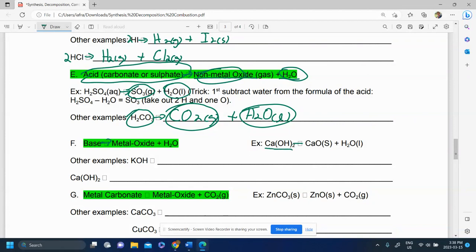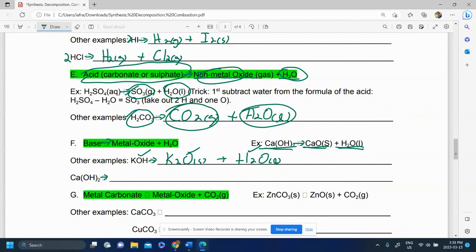So for example, calcium hydroxide breaks down to make calcium oxide and water. You need to know it's decomposition because one thing makes 2 things. It's broken apart. Here, KOH breaks down to form K2O, solid, plus H2O, liquid. So one thing makes 2 things, decomposition.